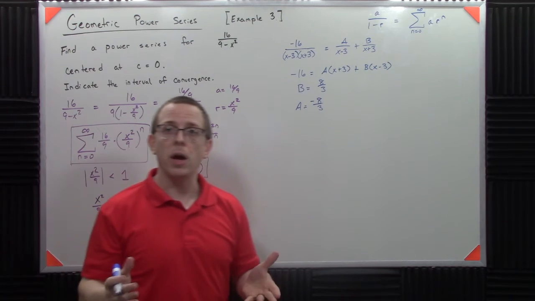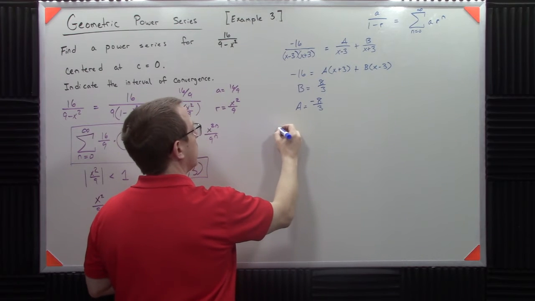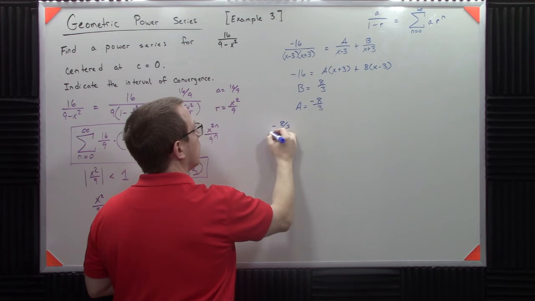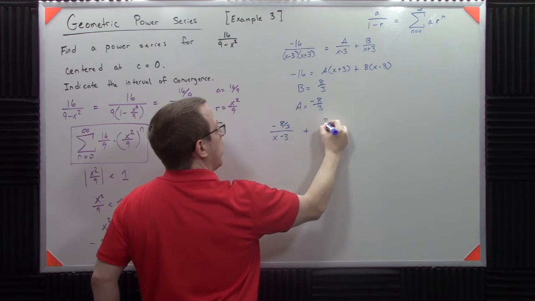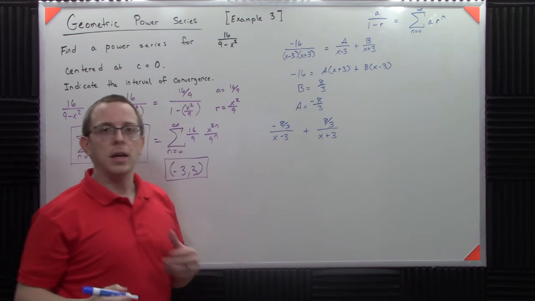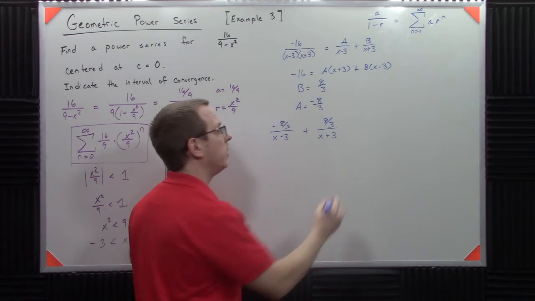Why am I doing this? Well, now what I have is negative 8/3 over x minus 3 plus 8/3 over x plus 3. And then I actually need to negate these again, so I probably shouldn't have done that.